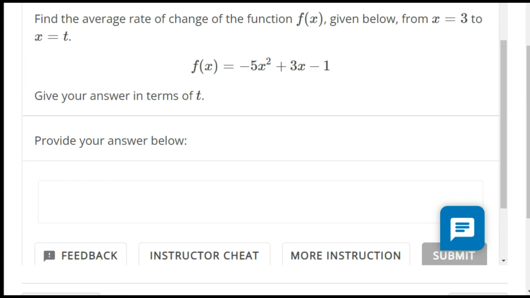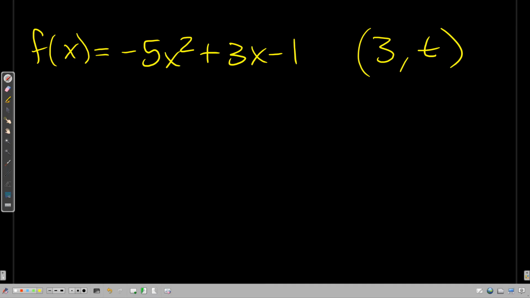Now hopefully I won't forget this time on this one, I want to show you what the point of doing this kind of problem is. f of x equals a minus 5x squared plus 3x minus 1. And the interval is from 3 to t. Here we are.